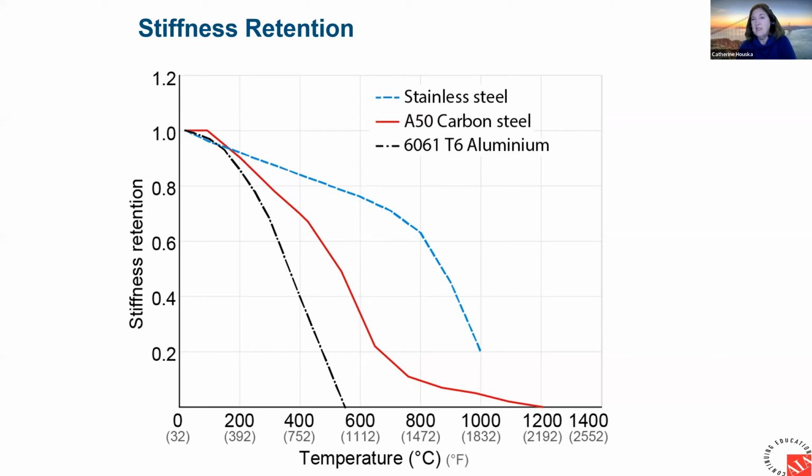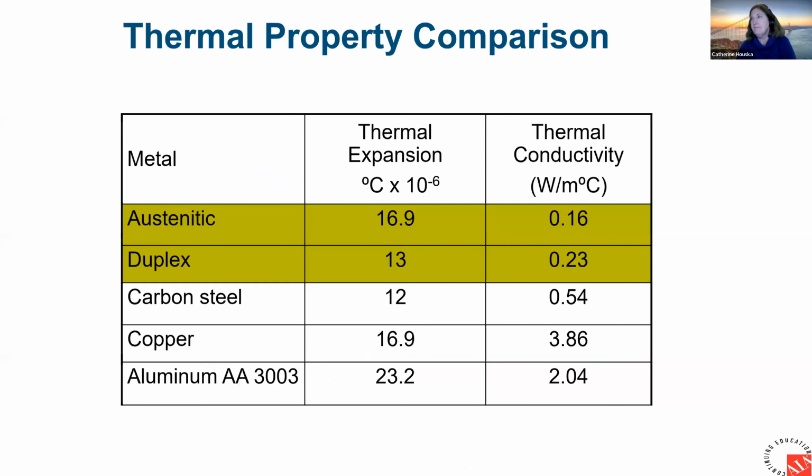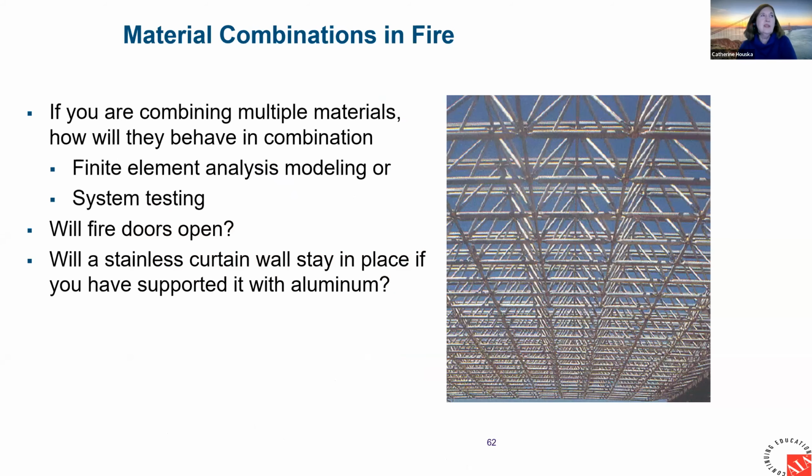That is part of why we see it in some building applications as a bare metal that is essentially jewelry on the building in addition to providing structural integrity. You do need to consider the differences in thermal expansion if you're combining metals, so that everything moves together, or you're allowing for those differences in movement to make sure those fire doors open.